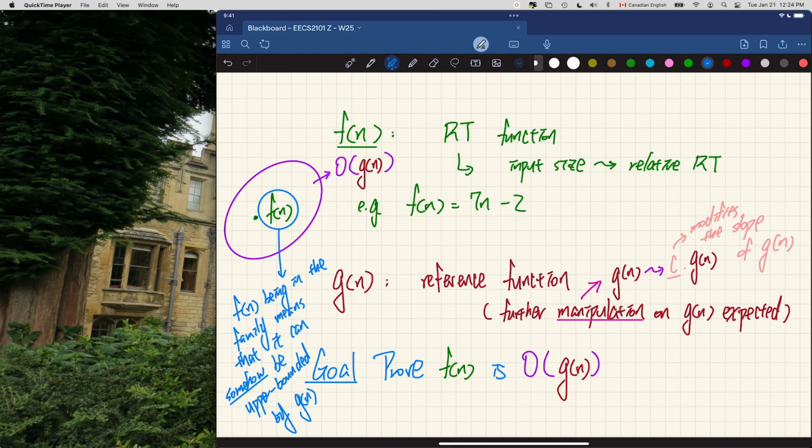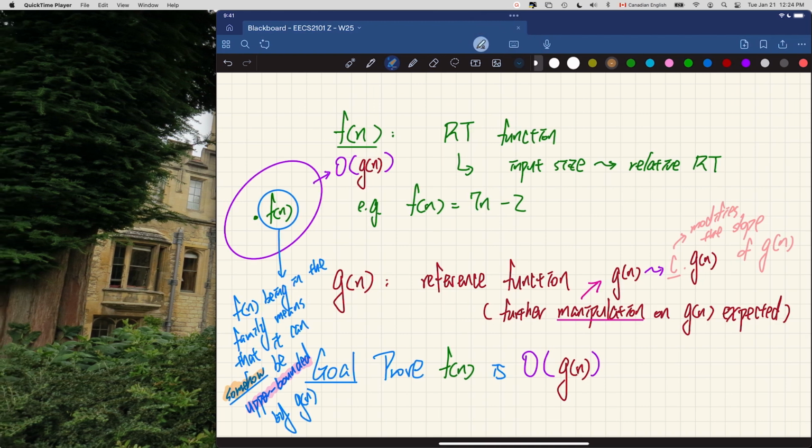And of course, I haven't really spoken about what I really meant by upper bounded. We'll talk about it. And also, what do I really mean by somehow? Somehow is some process you have to come up with when you try to prove it, right? So somehow and also upper bounded is something you will see in the formal definition, right? So this page here just gives you some intuition about what's involved in the big O.